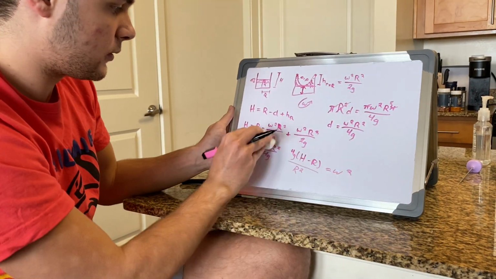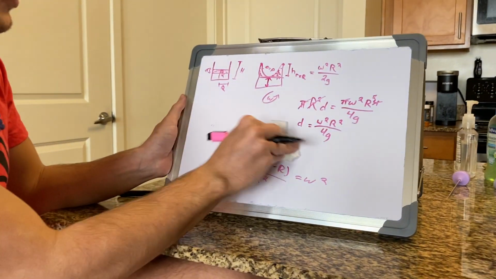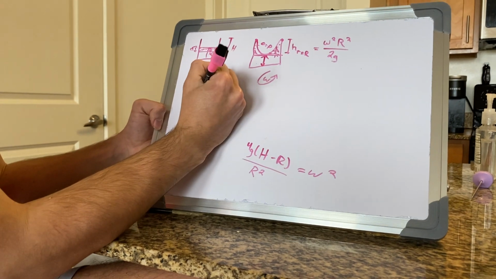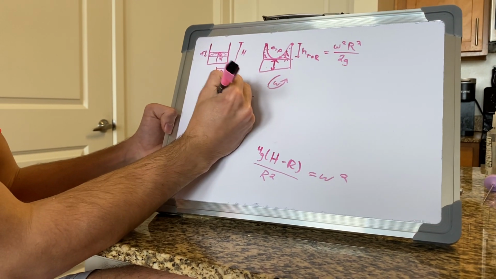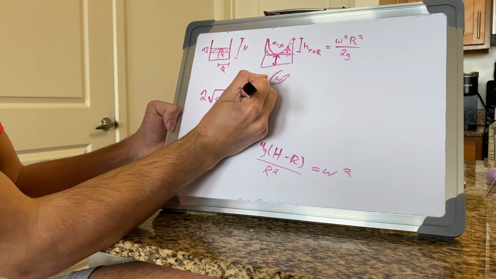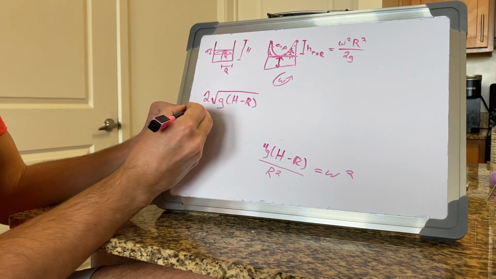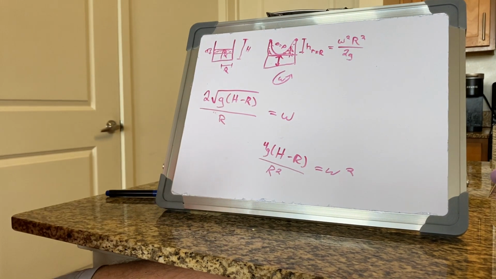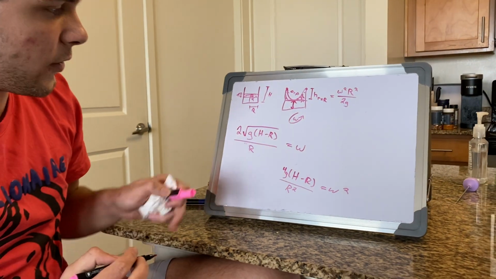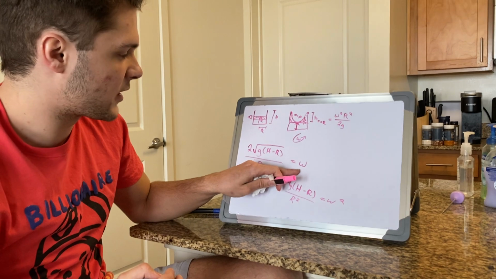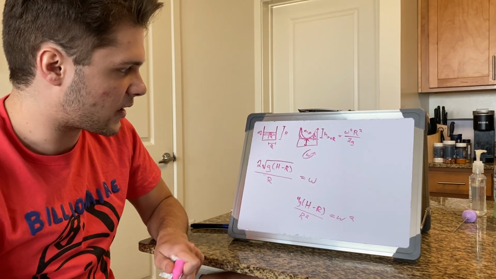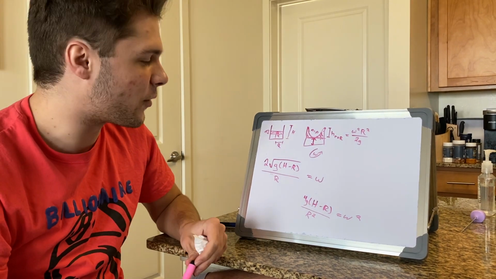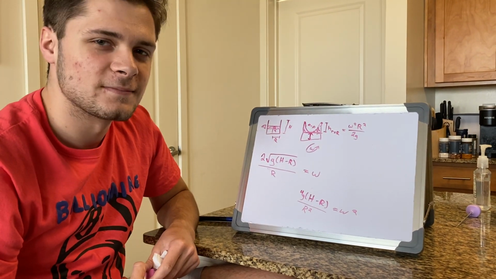And then all we have to do is take the square root of both sides, so we get omega equals 2 times the square root of g times (H minus R) over R. And that is how we find the maximum angular velocity we can spin this at to get our water all the way up to the lip without going over. There we go.